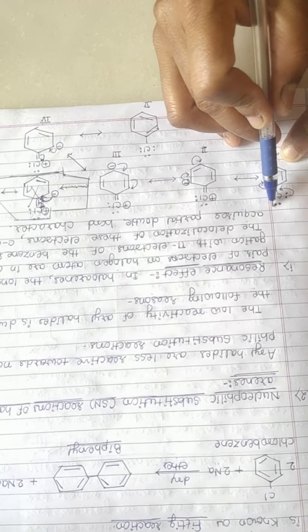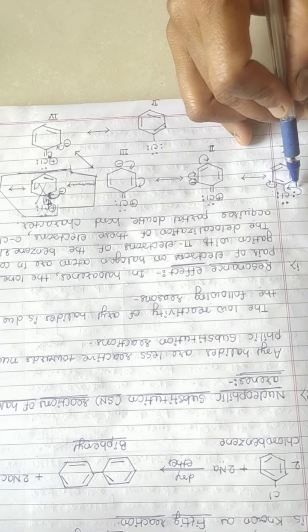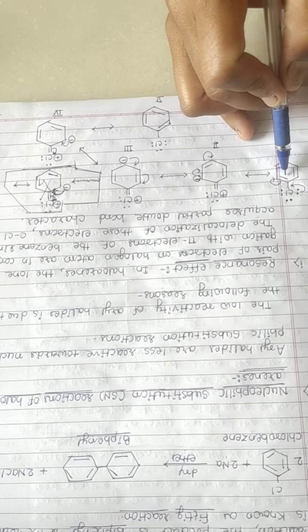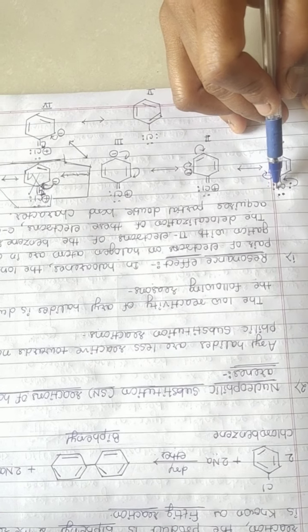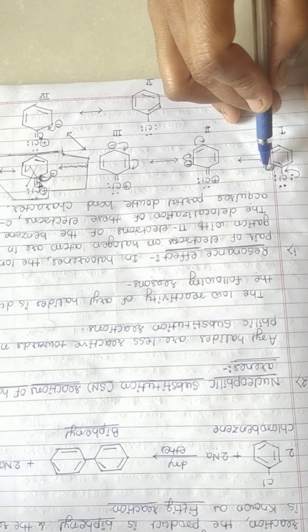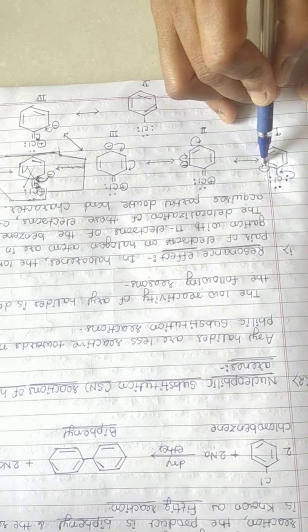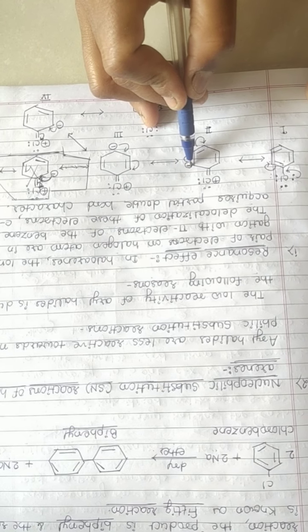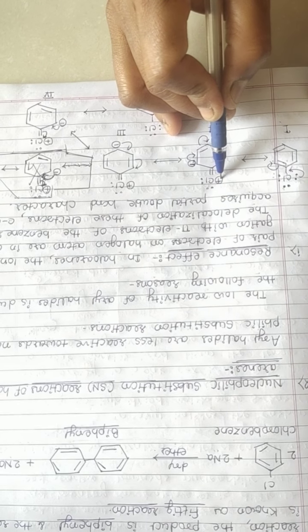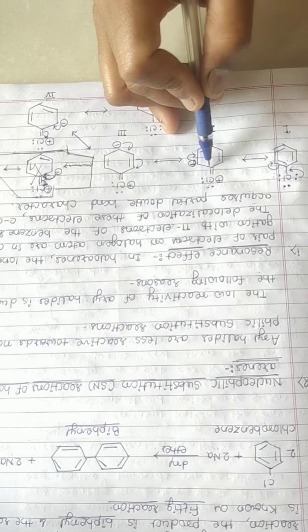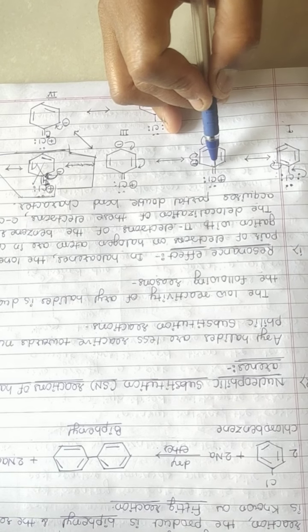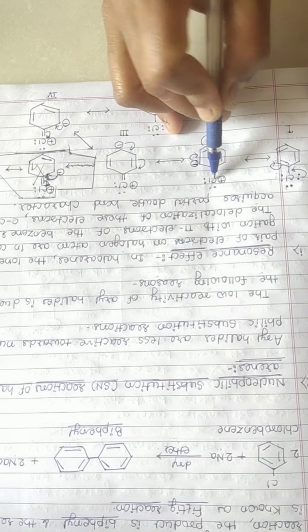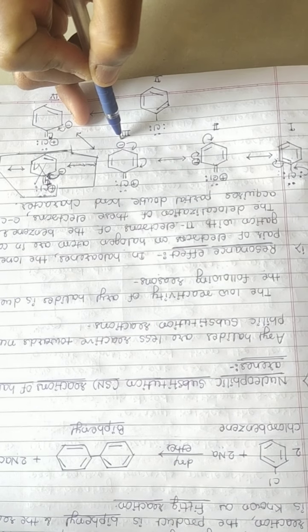Chlorine has 3 lone pairs of electrons. One lone pair is shifted between the carbon of the benzene ring and Cl, and these pi electrons are shifted towards this carbon. Therefore this carbon carries a negative charge and chlorine acquires a positive charge, and there is formation of a double bond between carbon and Cl. The second resonating structure is like this.